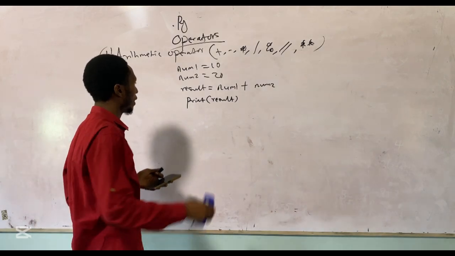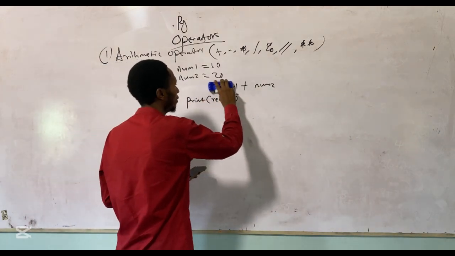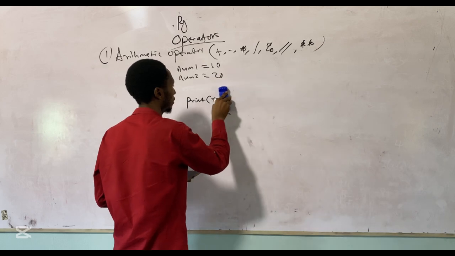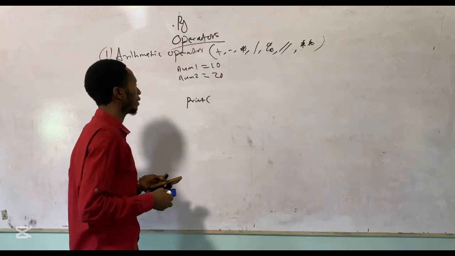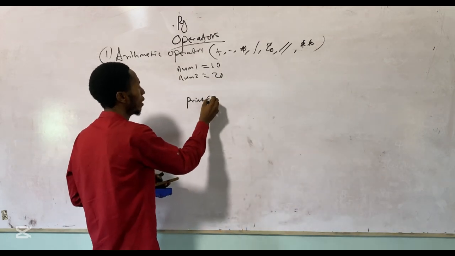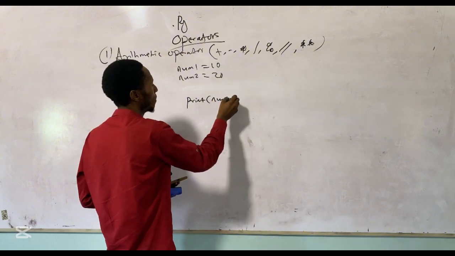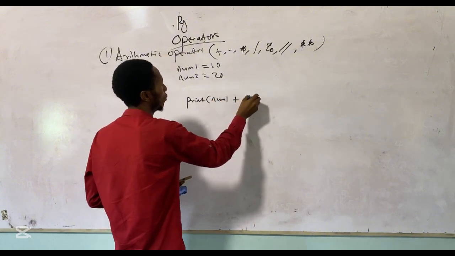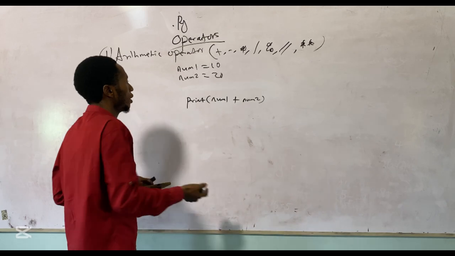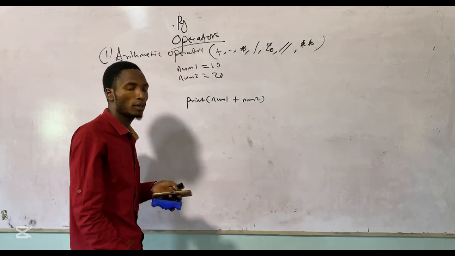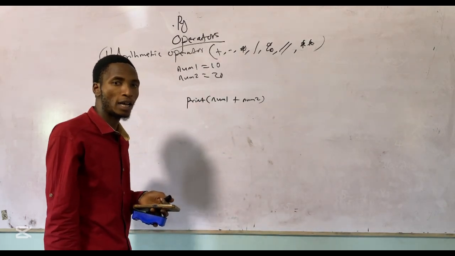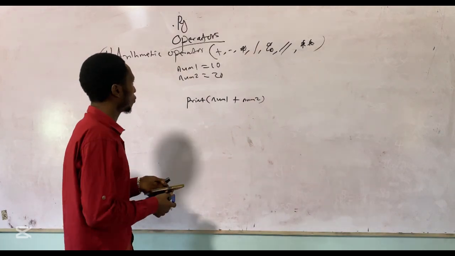What I mean is that you can have something like this. You just have your num1 plus num2. Simple. It will output 30 as the result for you. So we are good to go.